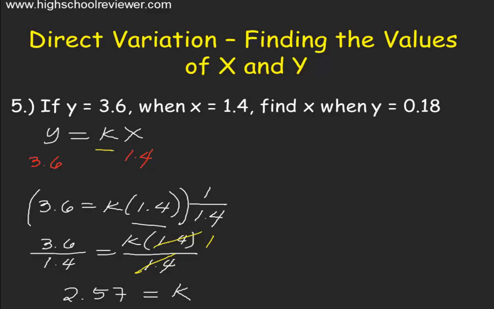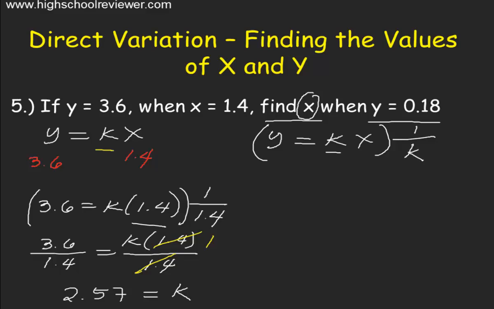So we can now find x when y is equal to 0.18. Again, we use the equation y equals k times x, but we need to find x. So we have to cancel out k. To cancel out k, divide both sides of the equation by k.